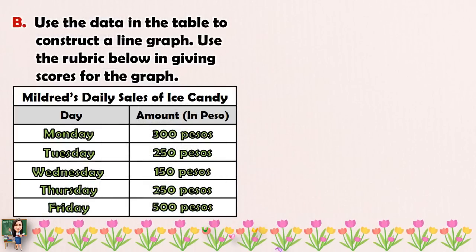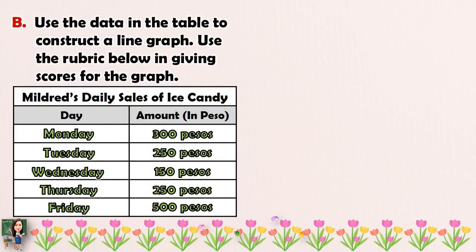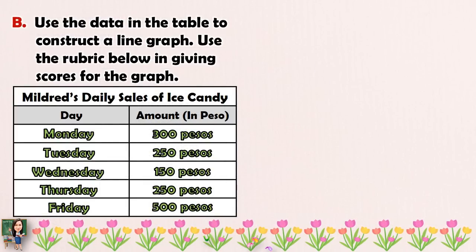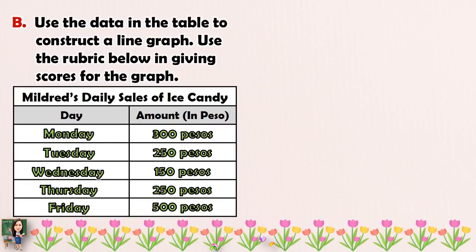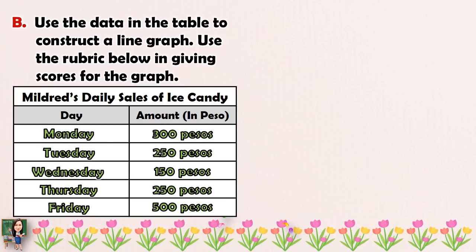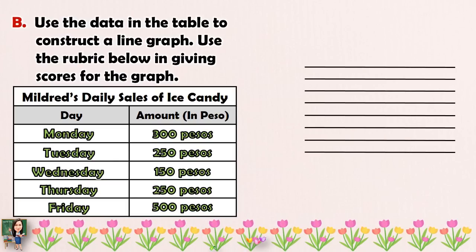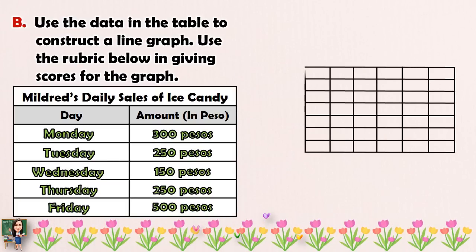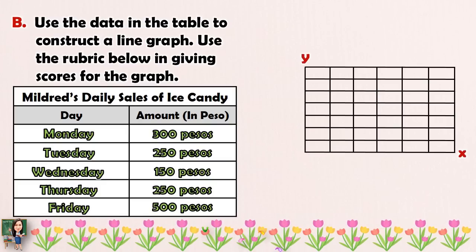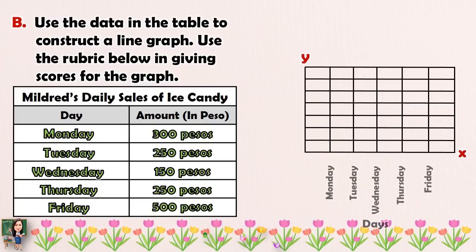For letter B, use the data in the table to construct a line graph and use the rubric below in giving scores for the graph. Let us construct this information in a line graph. First, draw the x-axis and the y-axis. In x-axis, write the days.